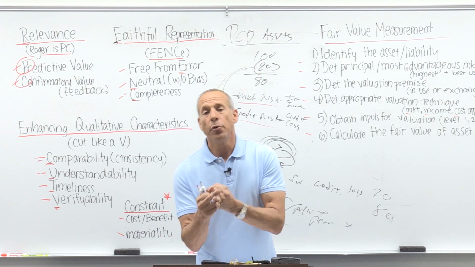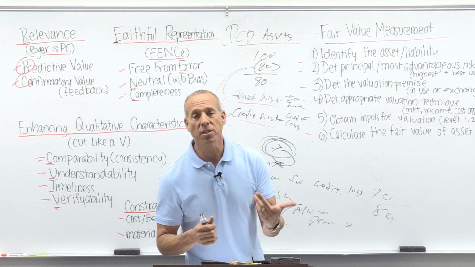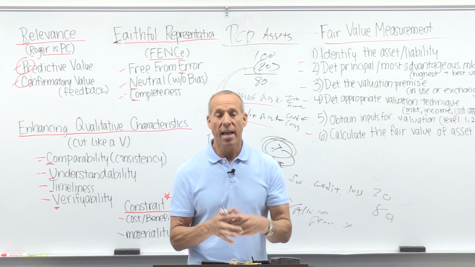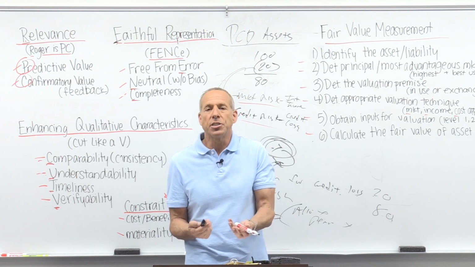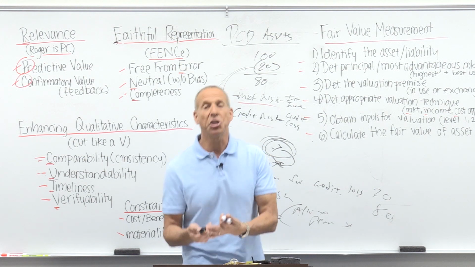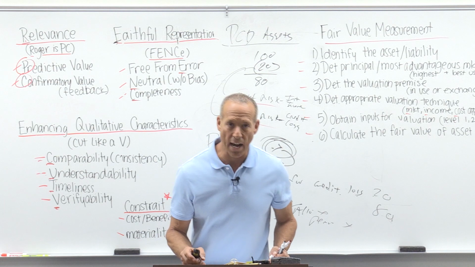So basically what we're doing is we're adjusting downward, setting up the allowance for credit loss for the difference between the amortized cost and the fair value of the collateral. So basically what we're saying is I loaned you money, I secured it with collateral, I think I'm not going to collect it all, so I'll write it down to the value of the collateral.